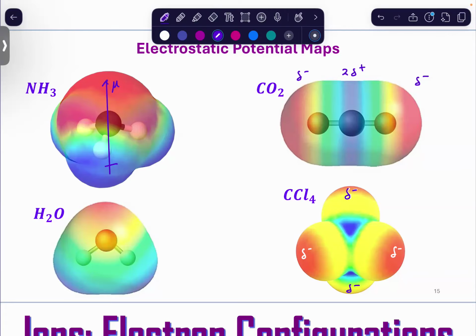So you have overall a nonpolar molecule, even though you have polar bonds. And water, of course, you have a delta negative region up here and a delta positive region down here. So again, you have an overall polar molecule.